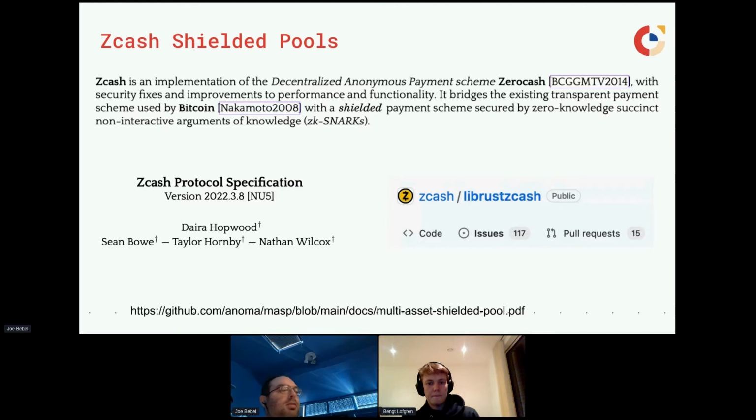These are really the two most comprehensive resources for understanding how shielded pools work and how the modern evolution of the shielded pool has come about. Of course, there are many other resources out there as well, but these are very comprehensive and very well-written resources for understanding the Zcash shielded pool and all of the research that's gone into the Zcash shielded pools.